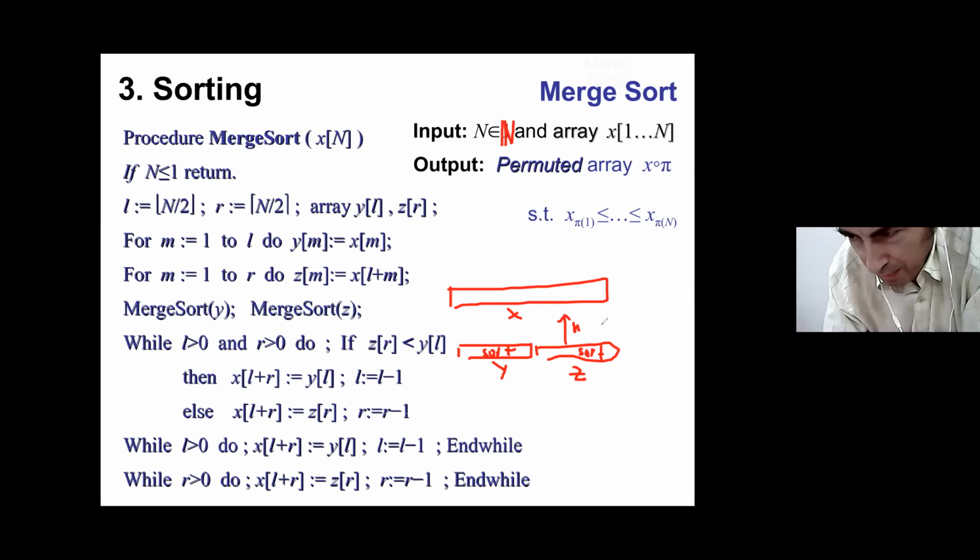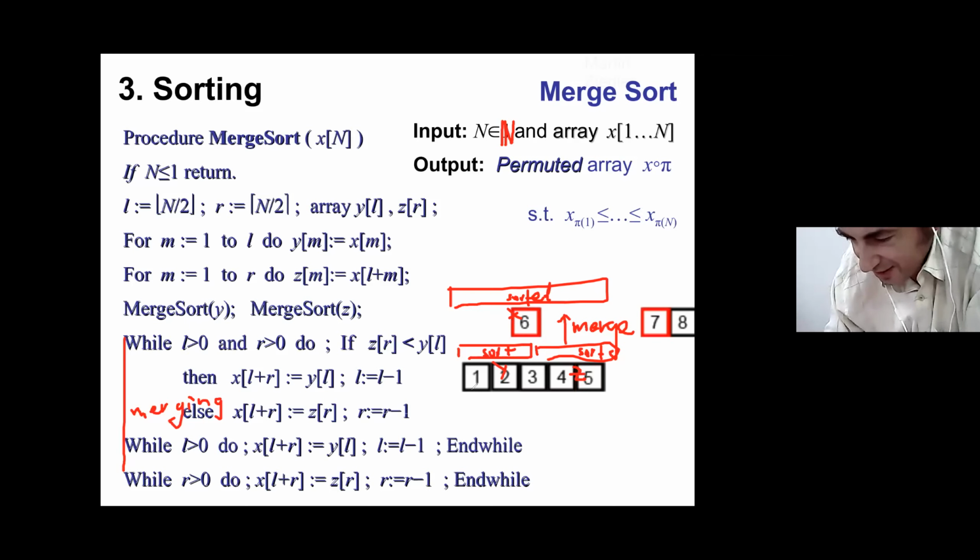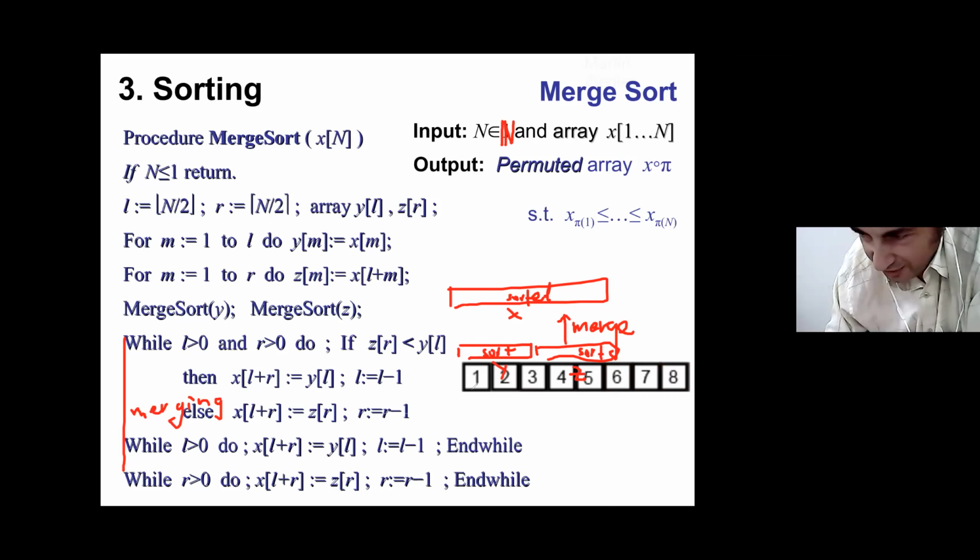This is what the merging procedure does: if you have two sorted arrays, it combines them correctly to give you a sorted array X. We discussed this animation in some detail, so I do not want to repeat all of it. What is important is that we use the recursive call on this array.